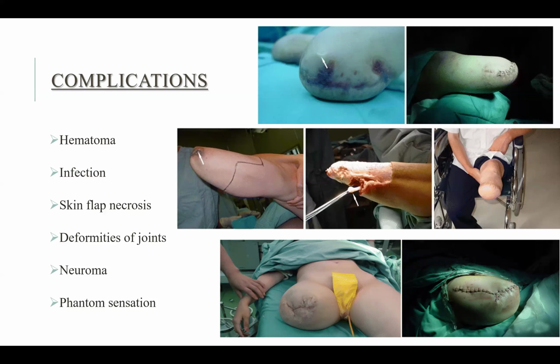This neuroma usually forms at the end of the cut nerves. If this neuroma gets attached to the scar, it becomes a stump neuroma. What is neuroma? It's a regenerative part of the nerve.